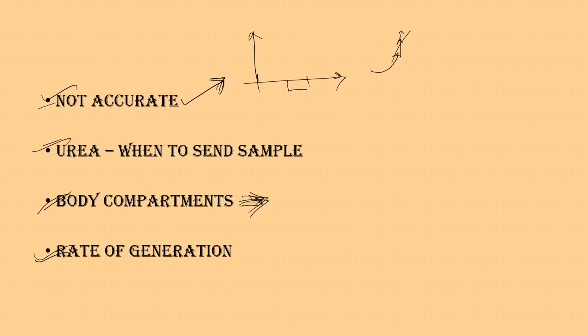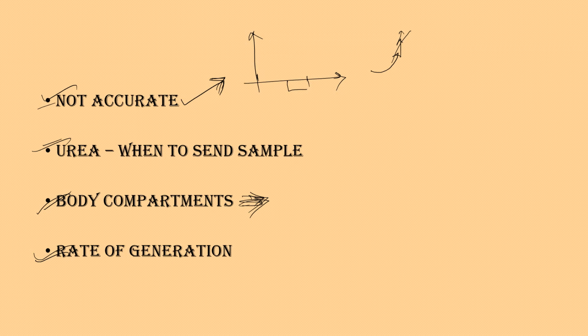And once this URR achieves a particular value, for example 70 percentage, does it indicate totally that the patient achieved clearance? No, it might not, because you have to take other parameters like patient body weight, build, muscle mass, the time duration of dialysis, the body compartments, and the rate at which the urea is generated in the body.